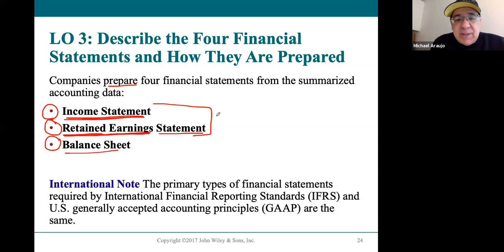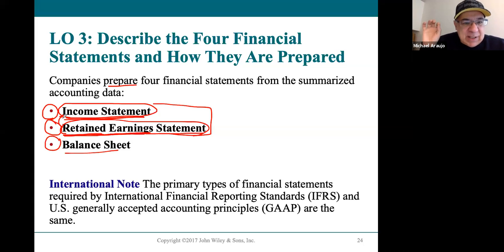If the income statement is for the year 2019, then the retained earnings statement is also for the year 2019. And that's because we have to find out what the profit is, which means we have to do an income statement first to tell the story of how much of that profit was retained. So the retained earnings statement is directly dependent on the income statement.